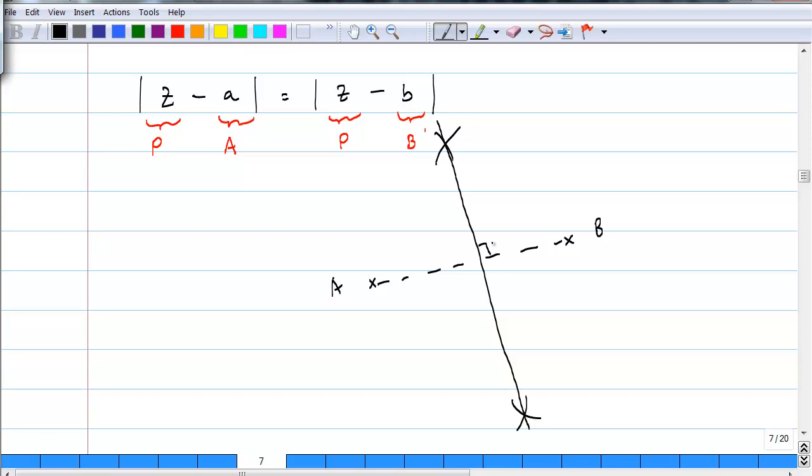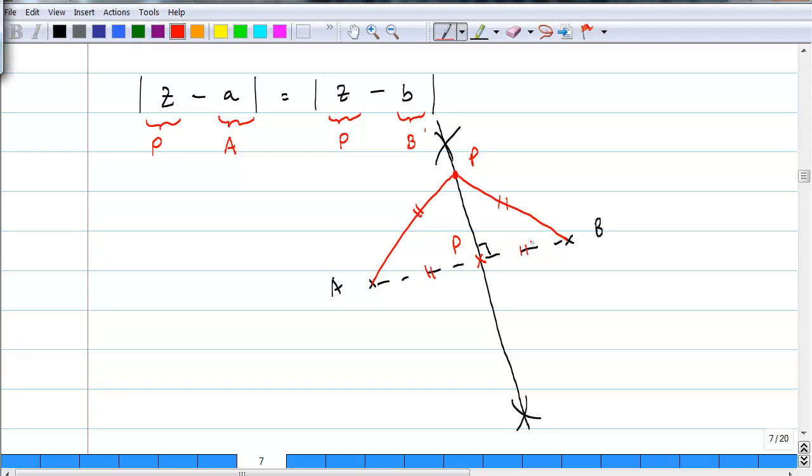Now I am telling you that this line that I've just drawn is actually the locus of the point z. Would you believe? Okay, let's take a look. If I were to choose any point on this line, let's say this point, and then I connect it to the point A and connect it to the point B, would you believe that these 2 lines are actually the same distance? How about if I were to choose a point here, the point P here?